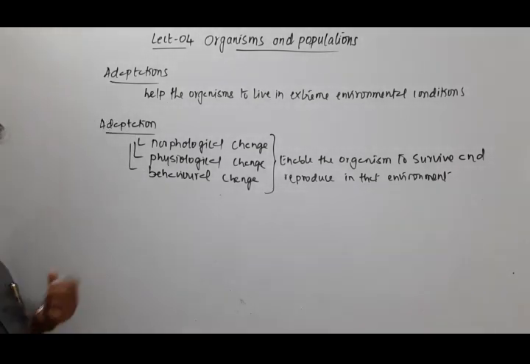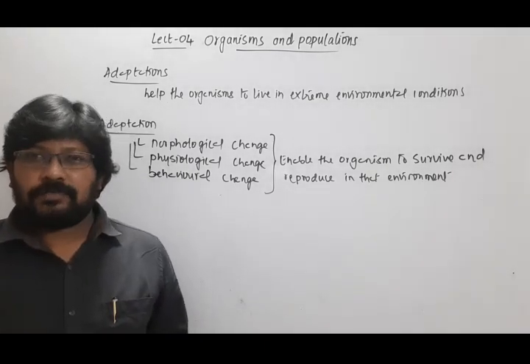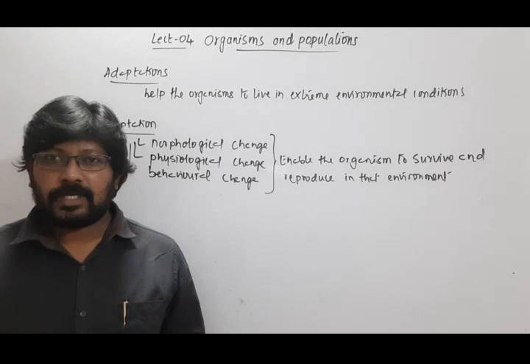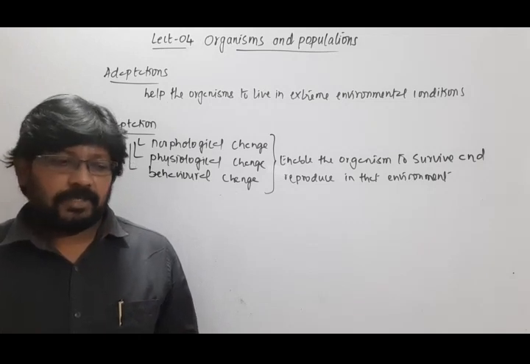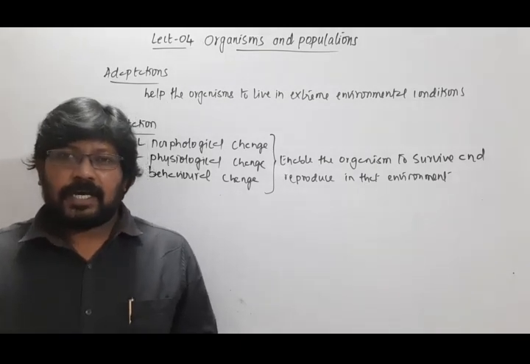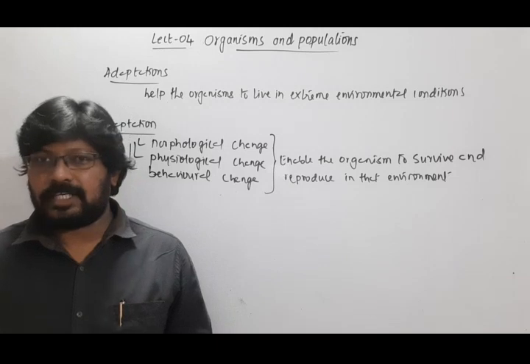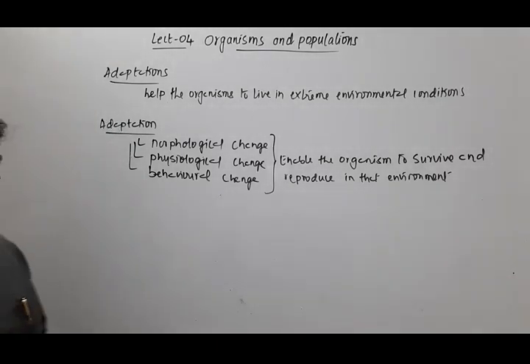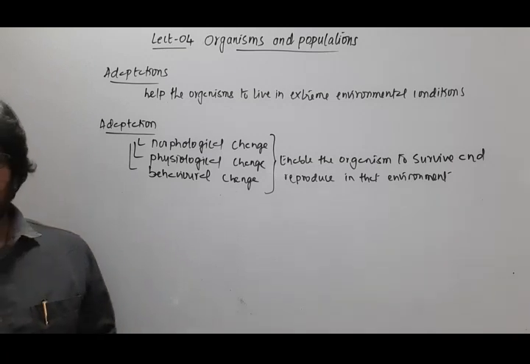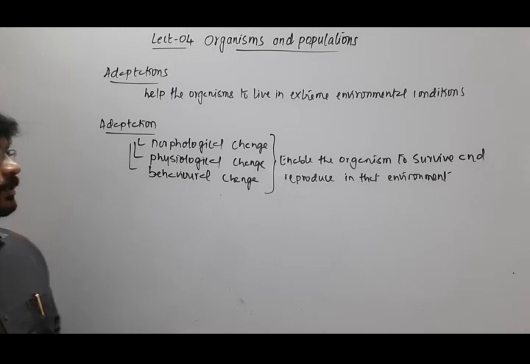And physiological changes, of course, I will be discussing in detail, like in case of kangaroo rats in deserts. They will usually not be getting much water, but they are satisfied with the water that they obtain in their metabolic activity. That part I will discuss shortly. And behavioral changes means migration. So they move from one place to another place to temporarily avoid unfavorable conditions.